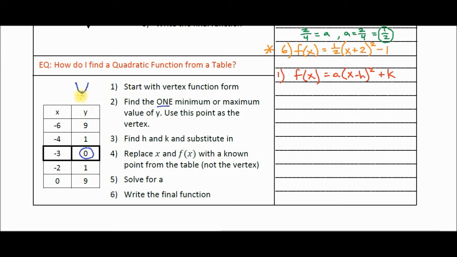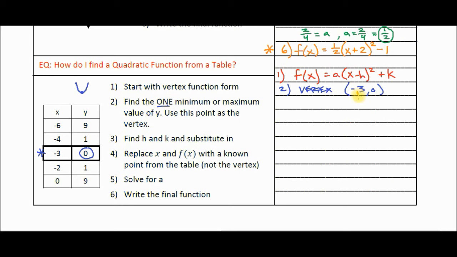In this case, since the parabola is going to open up, the lowest value of y is our vertex. So here we found that our vertex is right here. So use this point as the vertex, so we can say our vertex based on this table of values is at negative 3, 0. Step number 3, find h and k and substitute into our equation.